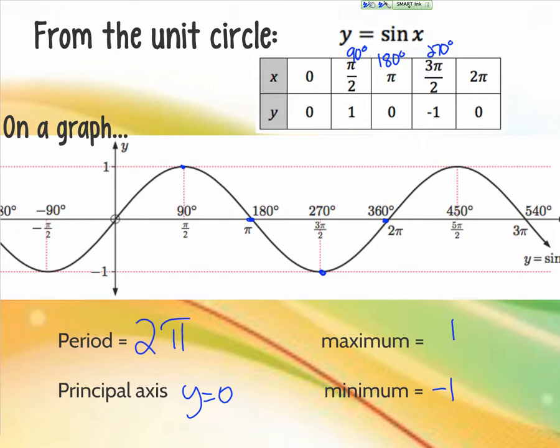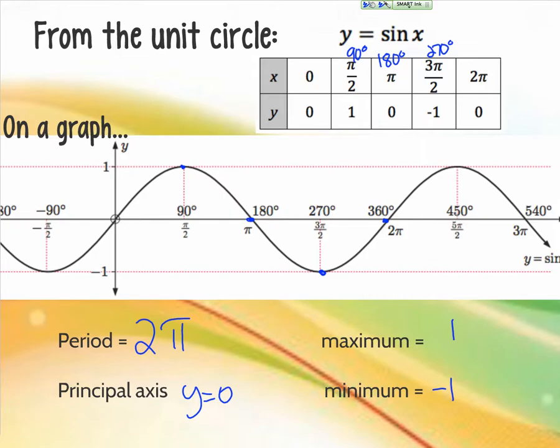So where we go from here is we can take that basic function and perform some of those transformations that we learned in chapter 5. This is all really important, so make sure you have all of this in your notes: the way the function goes up and down and back to 0, and the period, the principal axis, the maximum, minimum.